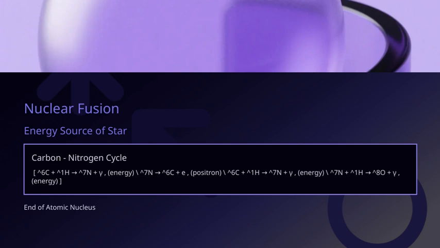Connecting this to the overall theme, these nuclear reactions illustrate how stars harness nuclear fusion to produce energy. Fusion is the core process that powers stars, allowing them to shine and evolve over millions to billions of years. So, understanding these reactions helps us grasp the fundamental mechanisms behind stellar energy sources and how elements like carbon and nitrogen play vital roles in this cosmic process.